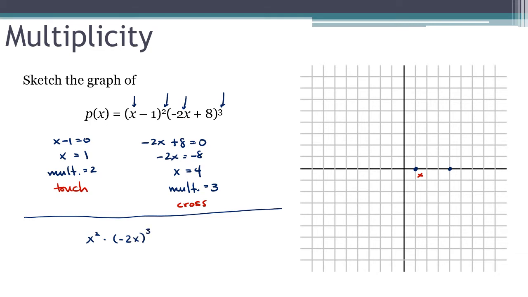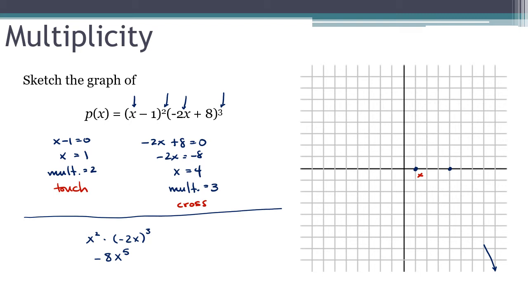So let's see, negative 2 to the third, that's negative 8. This will be x to the 5th. So if I put a really big positive number in there, I'm going to get a really big negative number out. So the graph is going to end over there going down to the right.